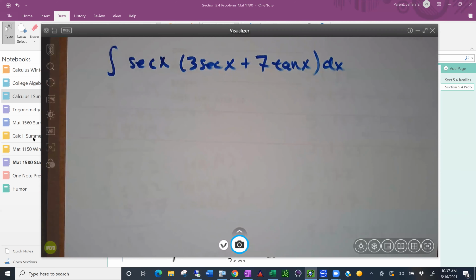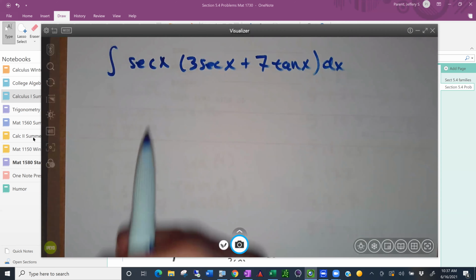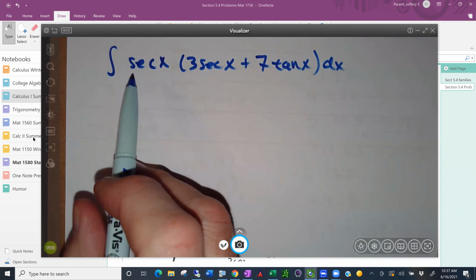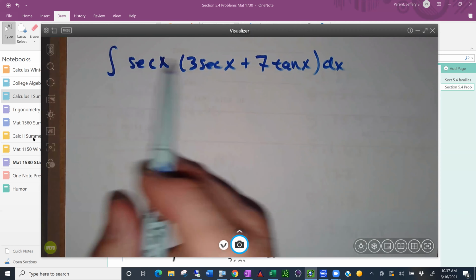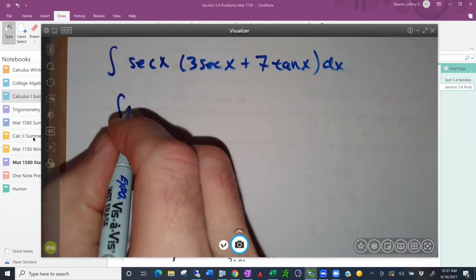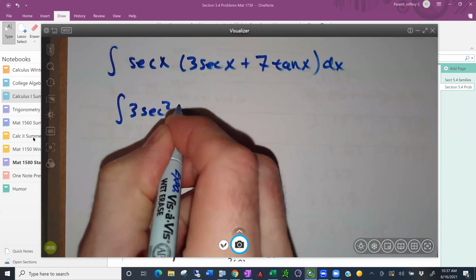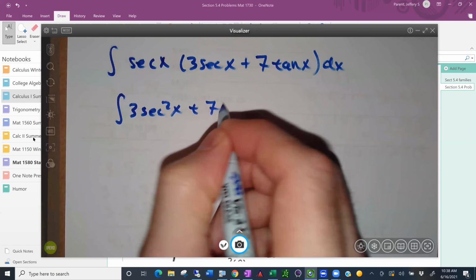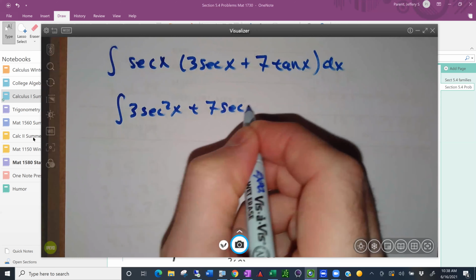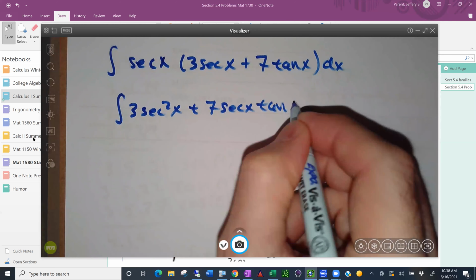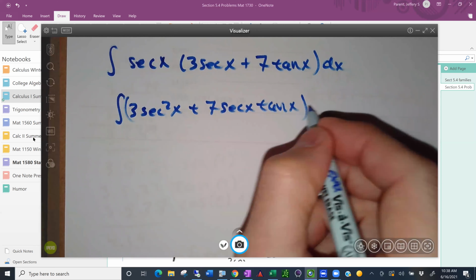Now, in order to find an antiderivative, I have to do a little bit of work with this. So what I'll do first is distribute the secant and get 3 secant squared of x plus 7 secant of x tangent of x. And that's still all dx.